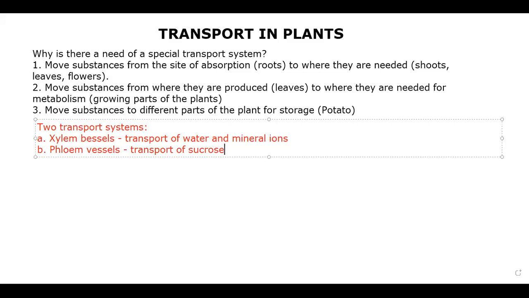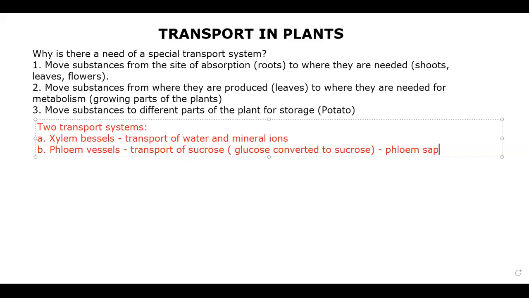We convert glucose into sucrose and then we transport it through the entire plant. So glucose is converted to sucrose and then it is transferred through the phloem vessels. The term we use for it is phloem sap. Sap is basically the sucrose-containing fluid that you can find within the phloem vessel.